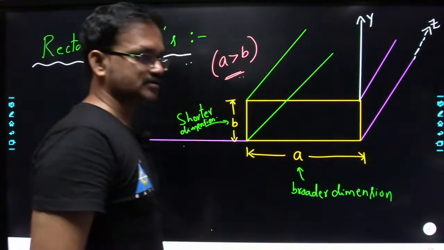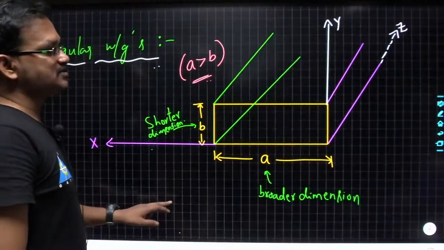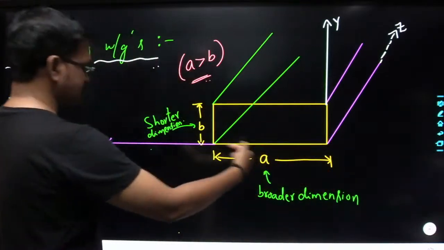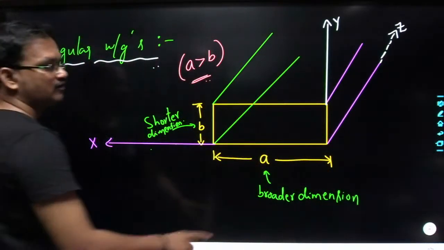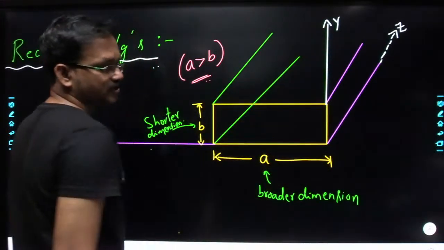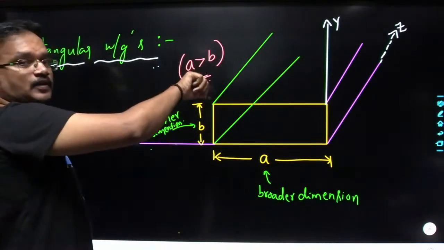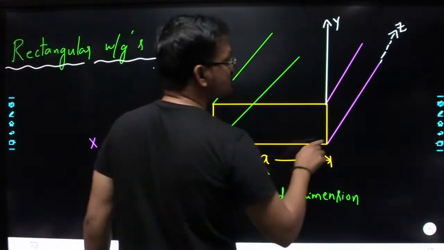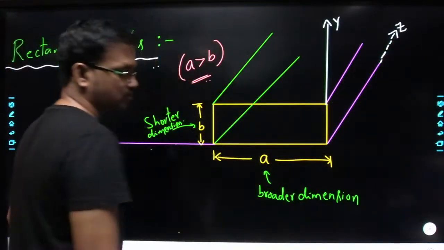The z axis is going into the board. So the x axis is pointing in this direction, and the y axis is pointing in this direction. If you do x cross y, the positive z axis is going to point into the board.